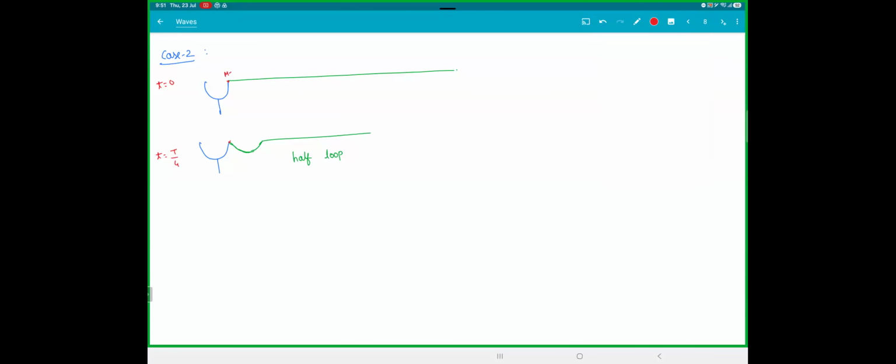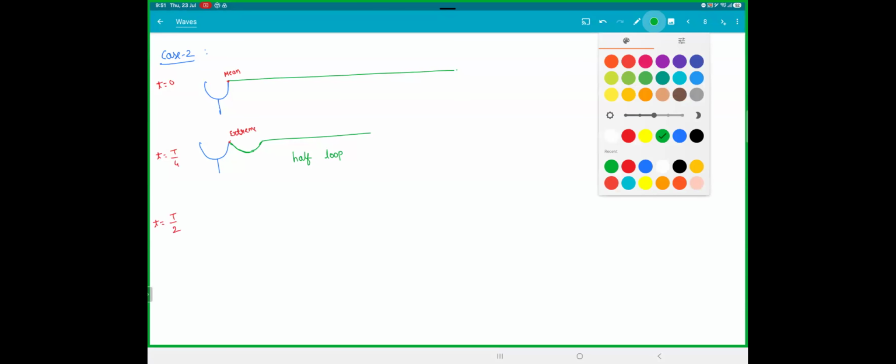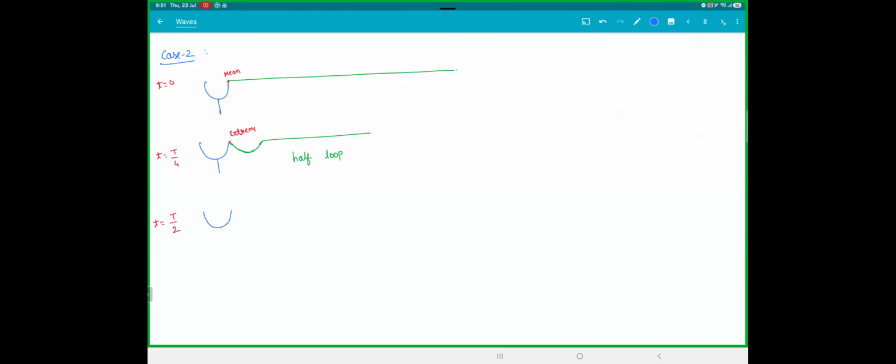So here it was at mean. Here it has gone to extreme. So once you push forward, you get a half loop there. And when the time becomes T by 2, you again pull it back suddenly there. I'm not drawing it clearly, but you actually get a full loop.